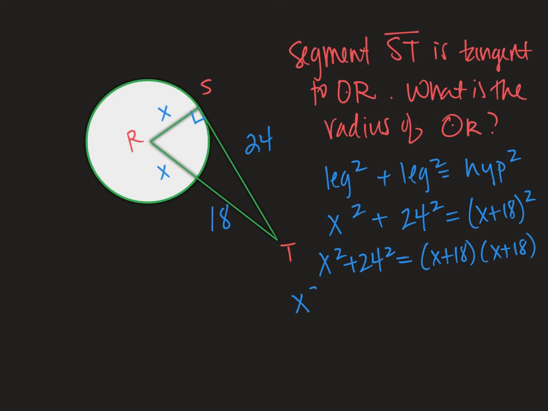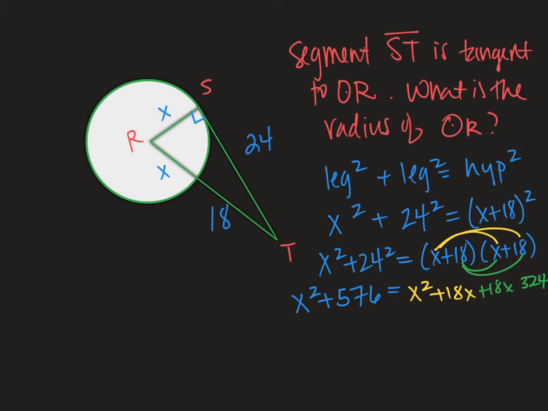So this is what I'm looking at. x squared plus, this ends up being 576 is equal to, and we're going to go, x times x is x squared. x times 18 is 18x. 18 times x is 18x, and 18 times 18 is 324. Whoops.